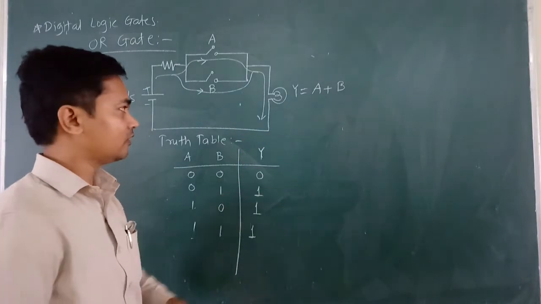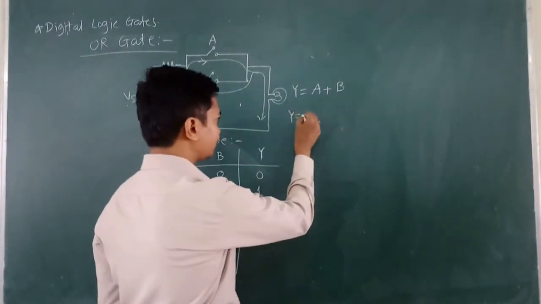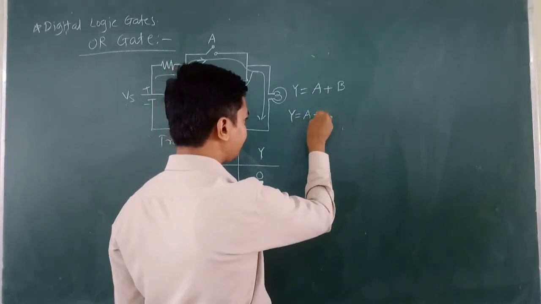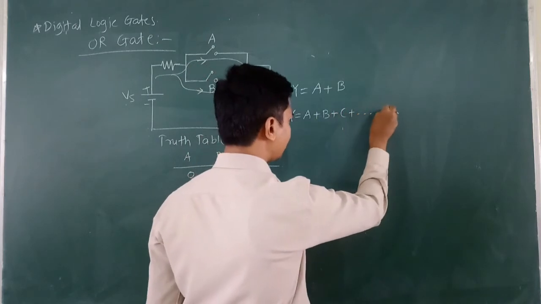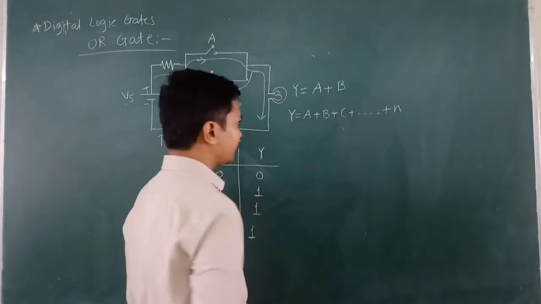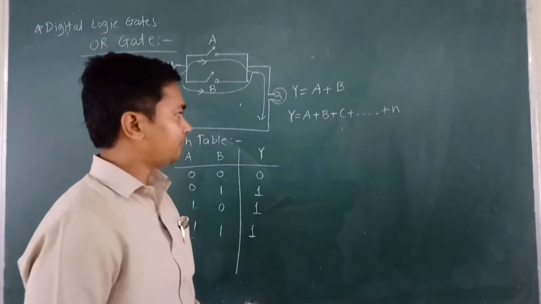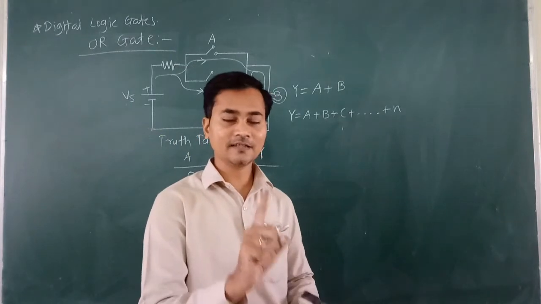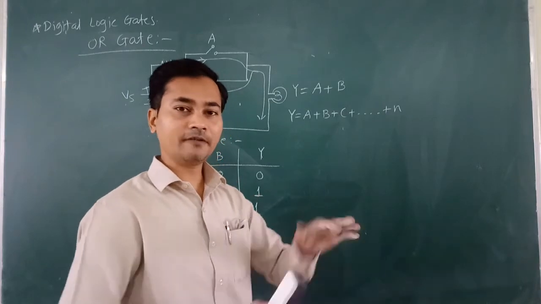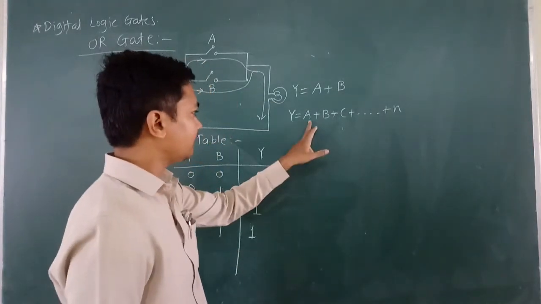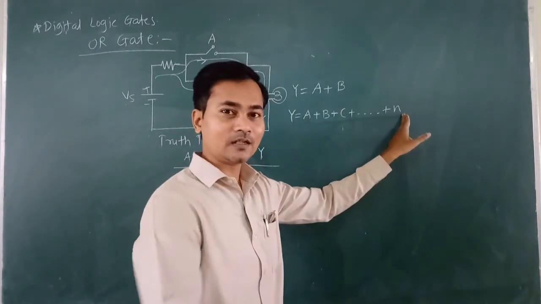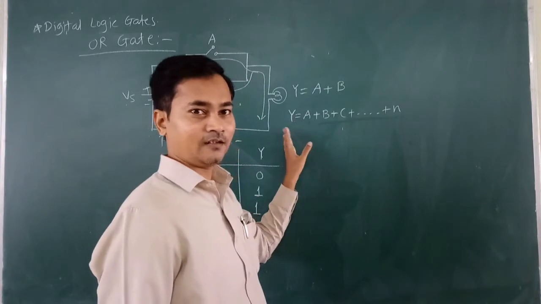If we have a number of inputs for the OR gate, we write A plus B plus C plus dot dot dot plus N. This plus indicates that if any of the inputs is 1, then the output will become 1. That means if input A is 1 and the rest of the inputs are 0, the output will still become 1.